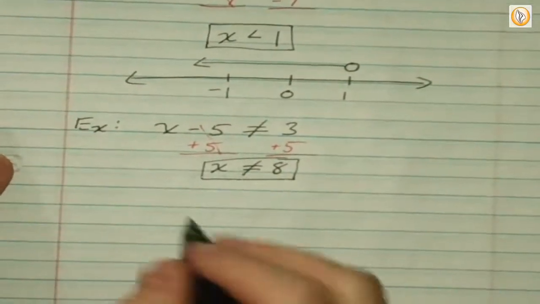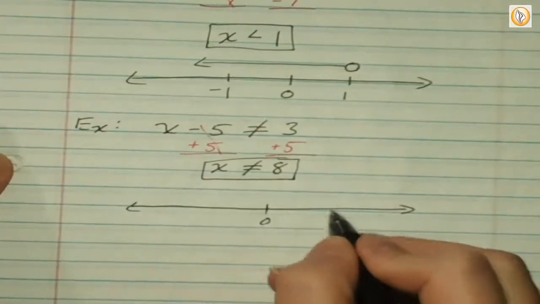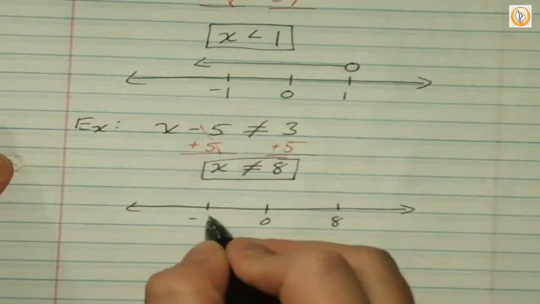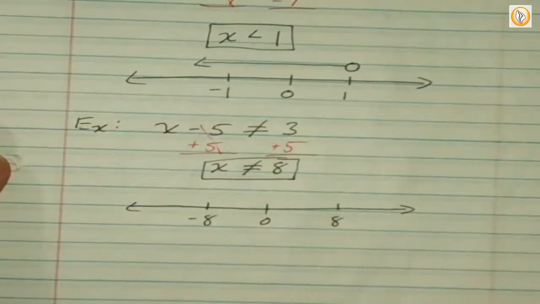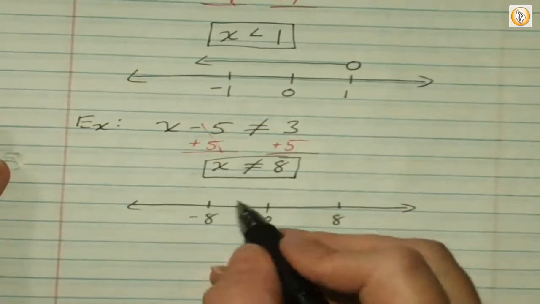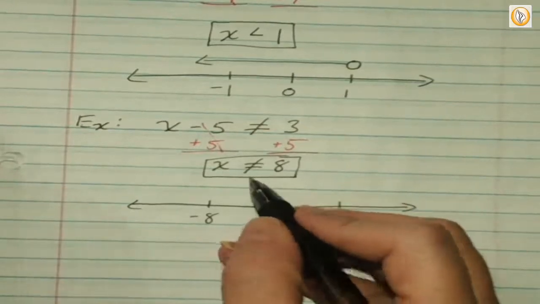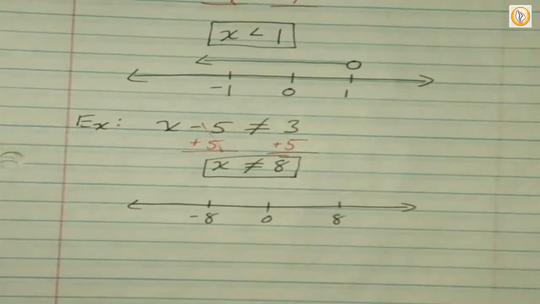Now, Emily, here's my number line. Open or closed circle for does not equal? Open. If it was equal, it's closed because you're including it, okay?